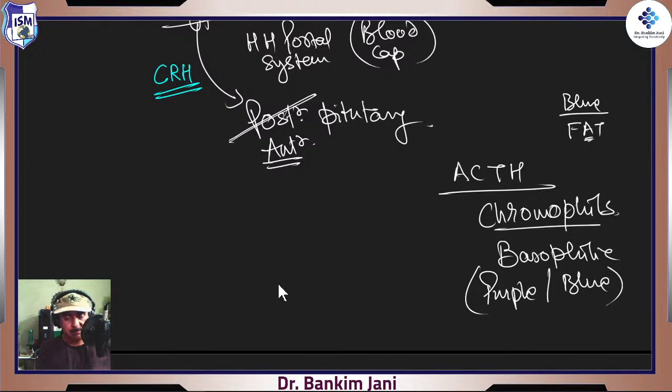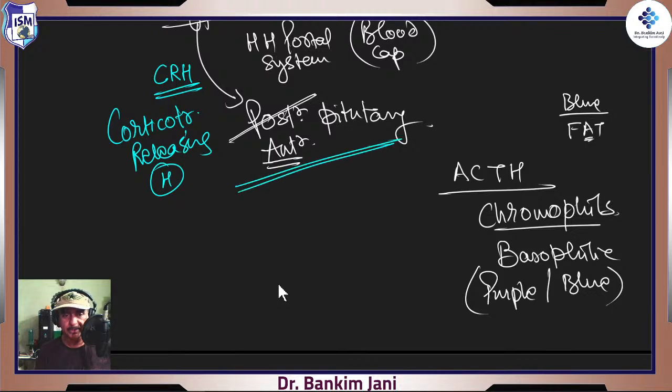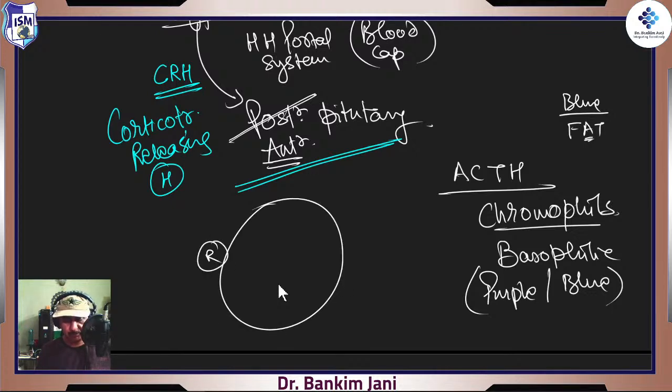CRH is corticotropin releasing hormone. So this will come to this anterior pituitary, right? Now why should the anterior pituitary really release it? So this is the cell. On that there is a receptor. So this CRH will come and will connect to that receptor.